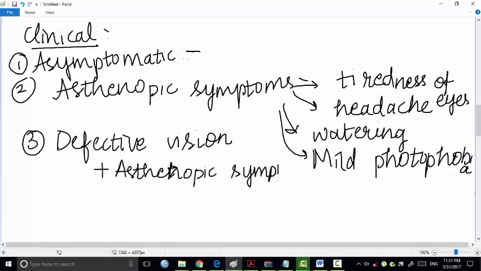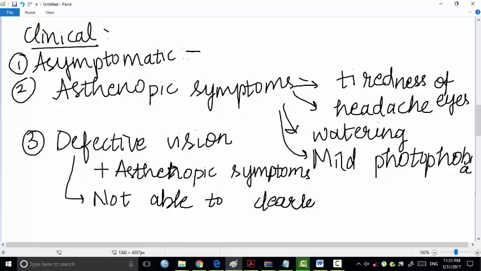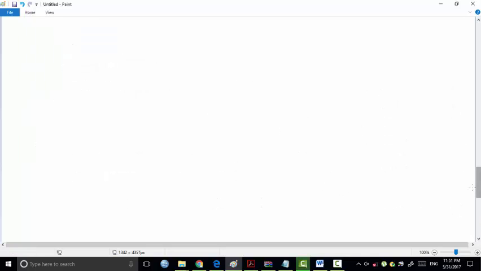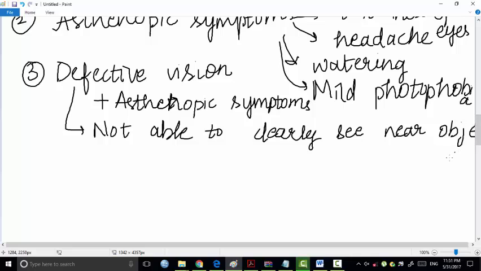If you see defective vision with asthenopic symptoms, here the defective vision is basically not being able to clearly see near objects, right?